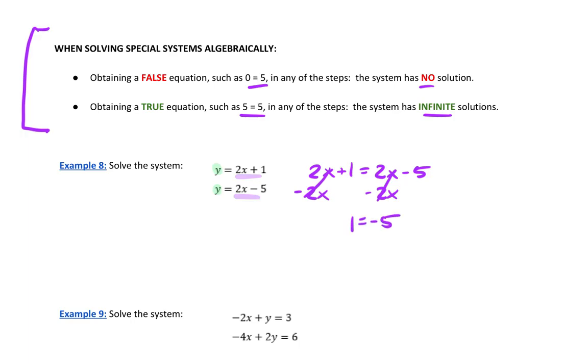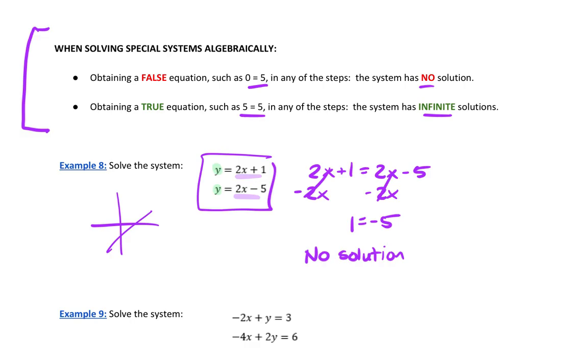That is not true. So in that circumstance, this system has no solution. So what that means, if we had graphed these two on the same coordinate plane, they never would intersect, right? If we graph that, we would have two equations that when you graph them have the same slope, so they're parallel lines. They will never have the same coordinate point.